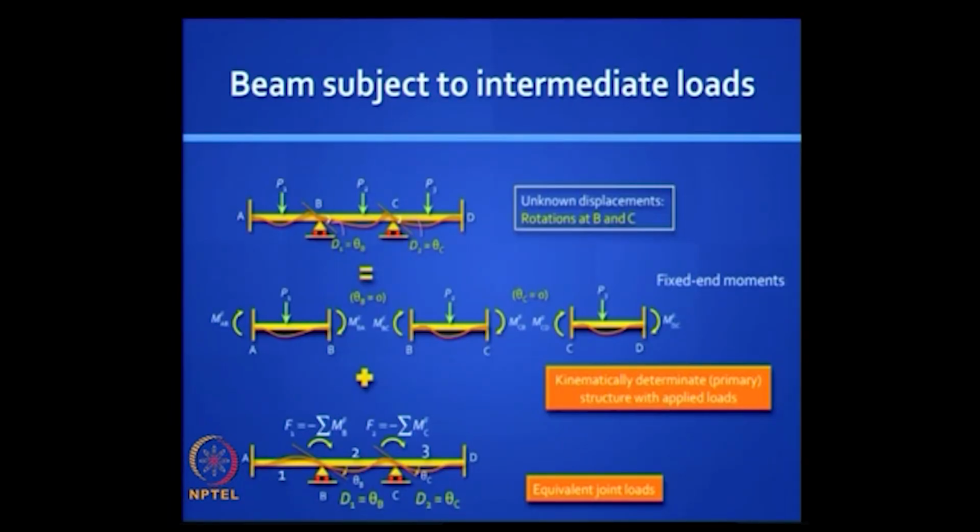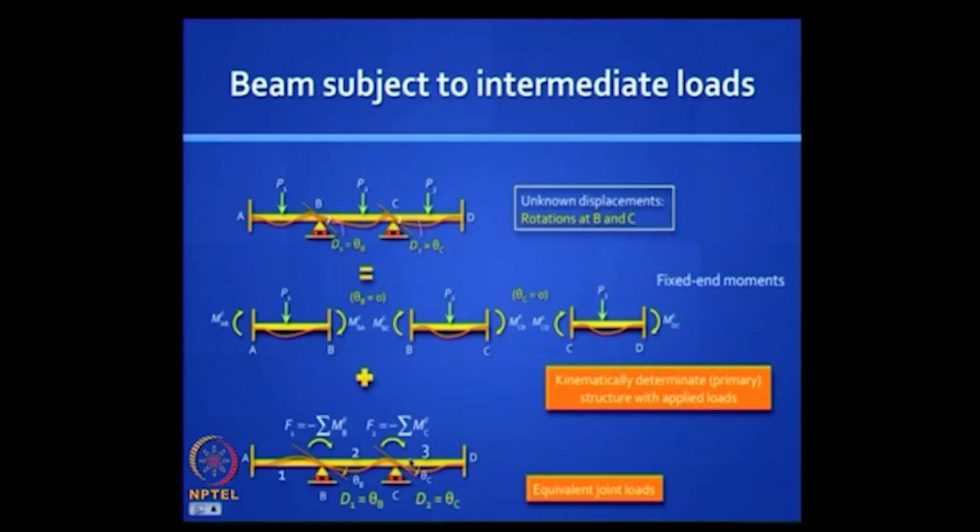Okay, so the argument is, when I add up this picture with this picture, I get back the original picture, right? I am satisfying equilibrium because there are no moments. I am adding these two and subtracting them here. I am putting it in the opposite direction here. So when I add up everything here, I get what I get here. In this case there is no nodal moment here, and there is no nodal moment here.